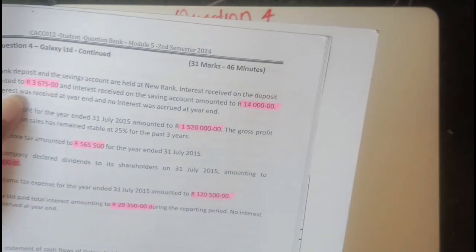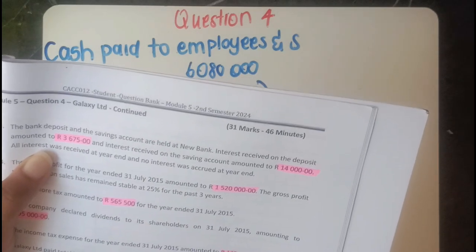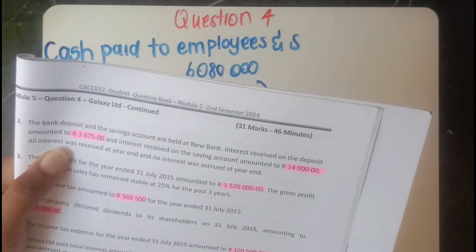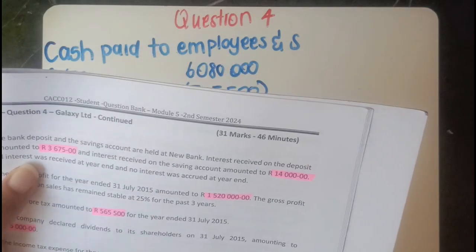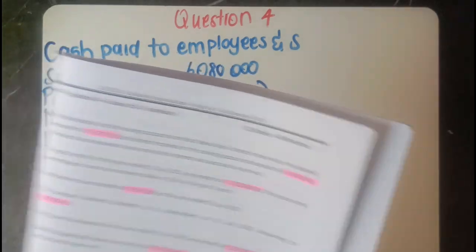For note 2, they tell you that the bank deposit and the savings account was held at New Bank. Interest received on the deposit was 3675, and the interest on the savings account was 14,000. All interest was received during the year, and nothing was accrued.